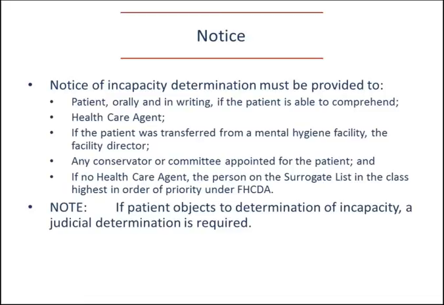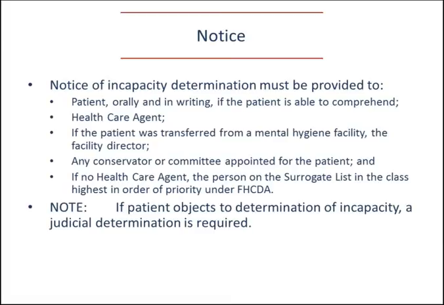Once a determination of incapacity is made, notice of that incapacity determination must be provided to certain individuals. Notice must be provided to the patient, orally and in writing if the patient is able to comprehend, to the healthcare agent if one has been appointed.